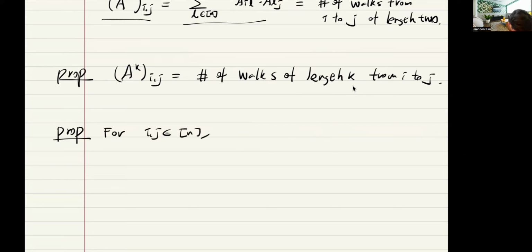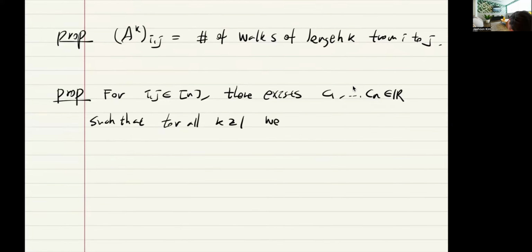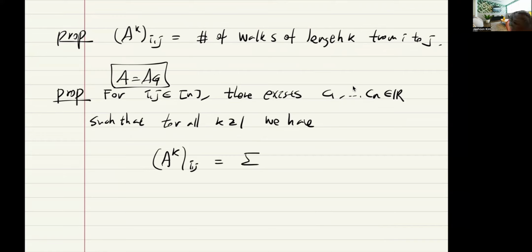So for two vertices, we can find constants c_1 to c_n, which depend on i and j, such that for all k, again with A as our adjacency matrix, the number of walks from i to j is obtained by taking the eigenvalues' powers and multiplying with the constants c_n.